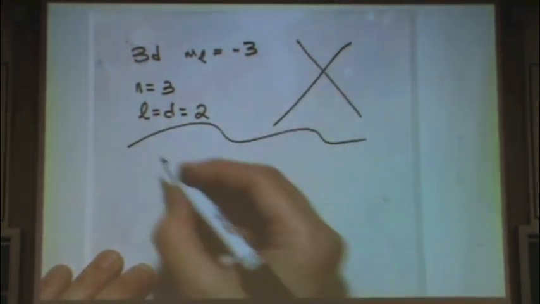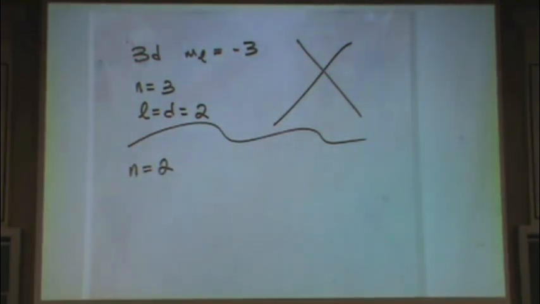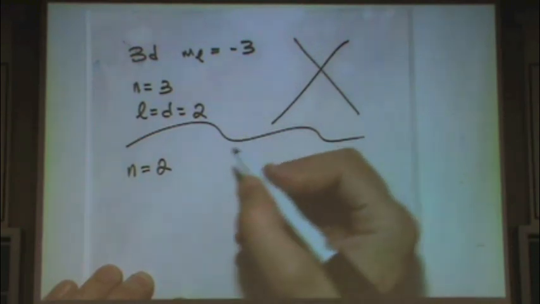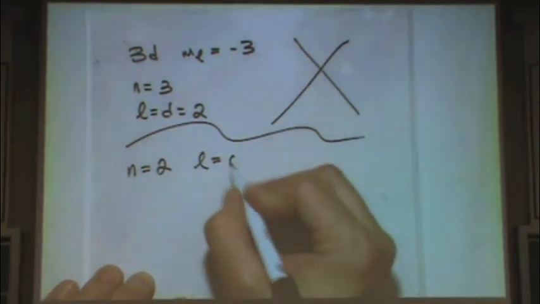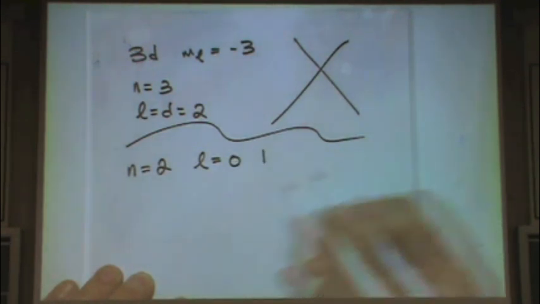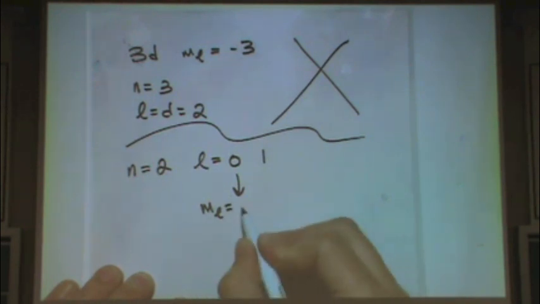That's one type of question. Another type of question would say, well, n equals 2. And I would say, write all the possible quantum numbers that go with n, and the key word would be possible. So for n equals 2, all the possible quantum numbers would be, well, what could L be? 0 or 1. If L is 0, m sub L would be 0.